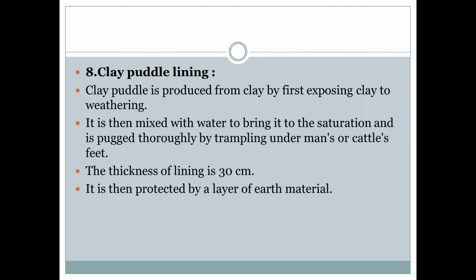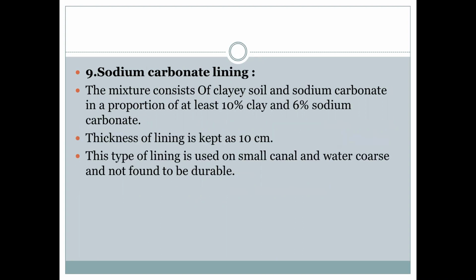Clay puddle is a mixture of clay and water that is laid over the subgrade of the canal and compacted by man's feet or cattle's feet. The thickness of the lining is 30 centimeters. This is clay puddle lining.